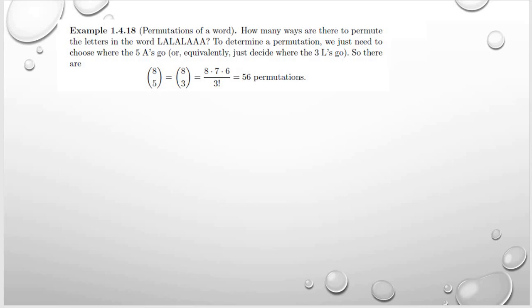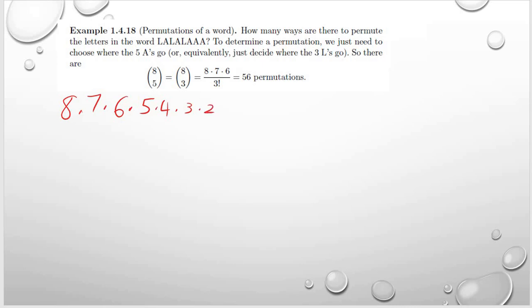So we could do this in 2 different ways. We might say we've got 8 choices for the first letter, 7 for the second letter, 6 for the third letter, 5 for the fourth letter, and so on.